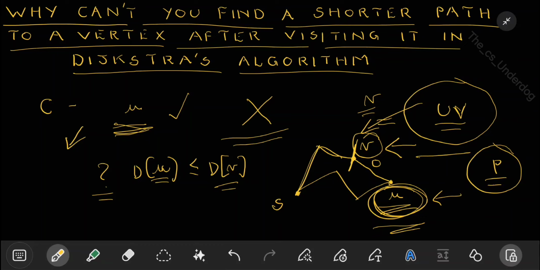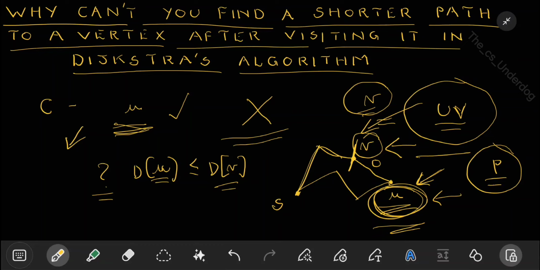Smallest in the sense of shortest distance, right? So initially your assumption was that U is the node which had the smallest distance from the source, and your present assumption, that there exists V through which you can find a path to U smaller than D of U, contradicts the fact that U was already the shortest distanced unvisited node.